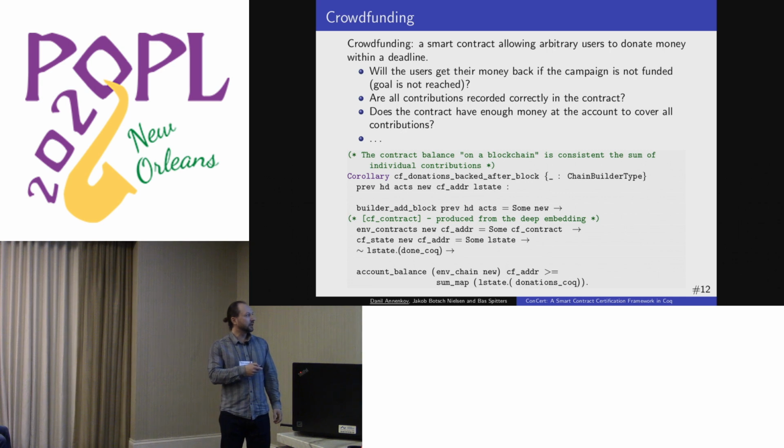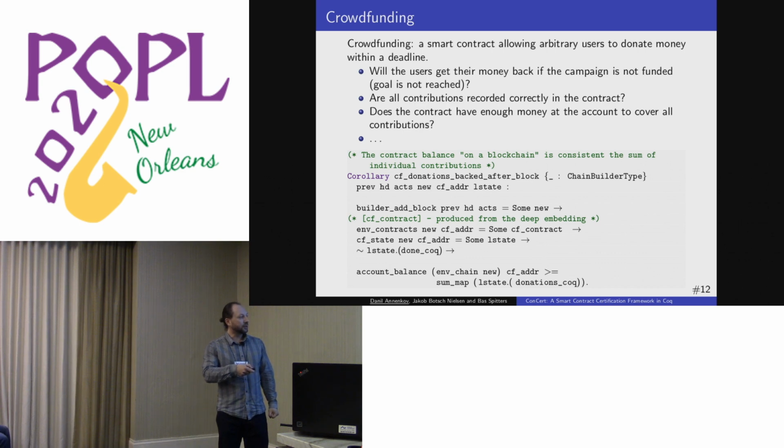But the idea is that here we state exactly this property: if the contract has enough money. It says that the account balance, which is the actual account balance maintained by a blockchain node, is greater than or equal to the sum of individual contributions of the people who participated in this crowdfunding campaign. And for this CF contract, we say that it's deployed at some address.